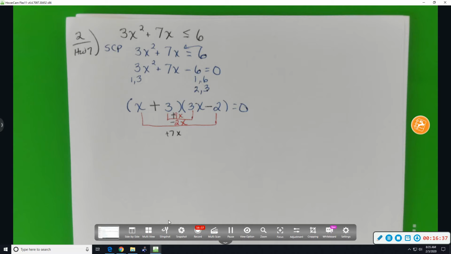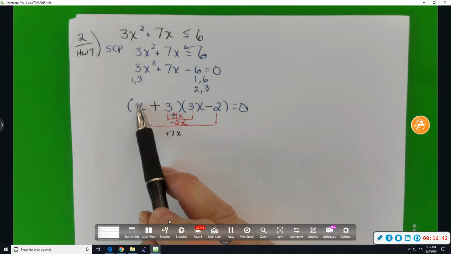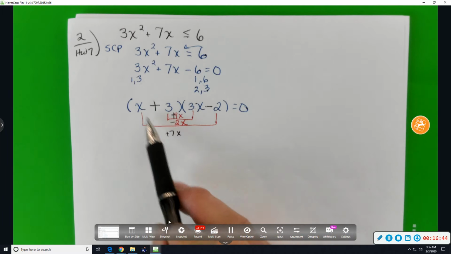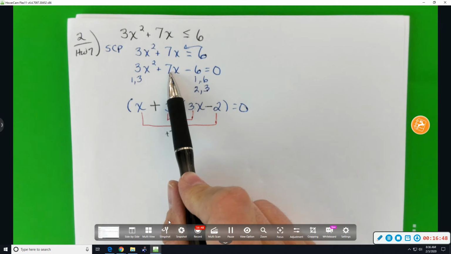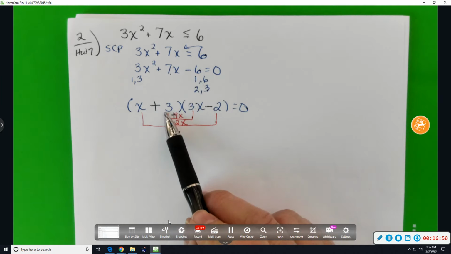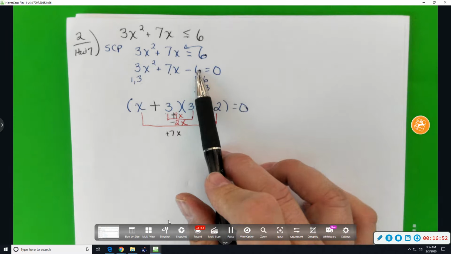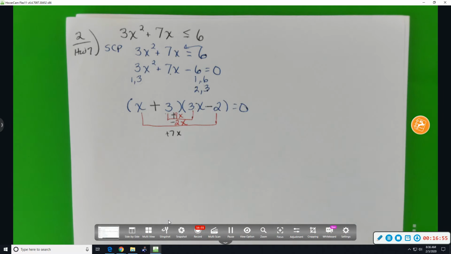Let's see. Did I factor it right? It's 3x squared, then a minus 2x and a plus 9x sure gives us a plus 7x. And then positive 3 times negative 2 is negative 6. Yeah, so it's factored correctly.